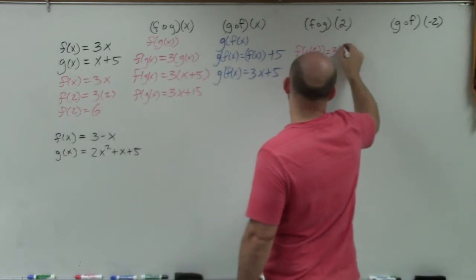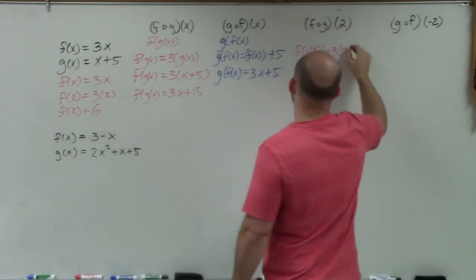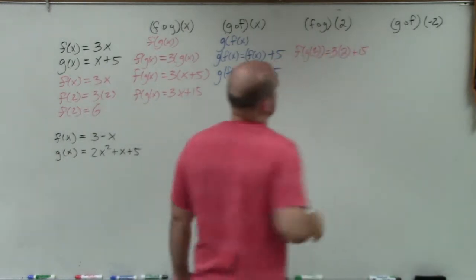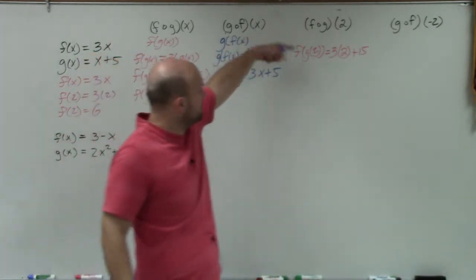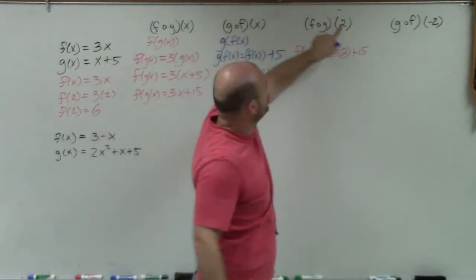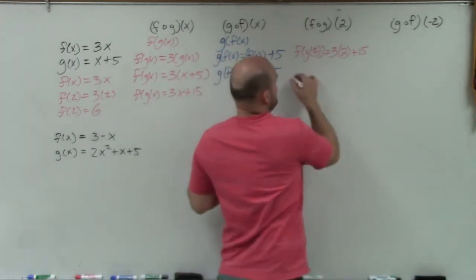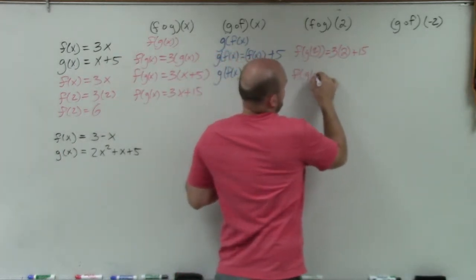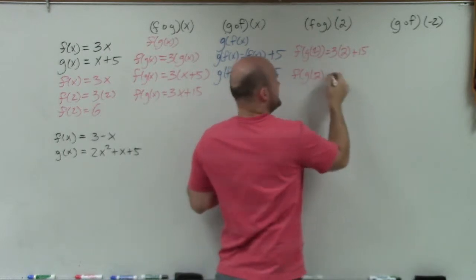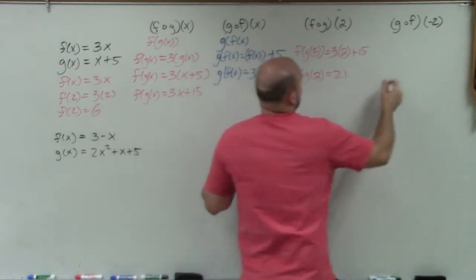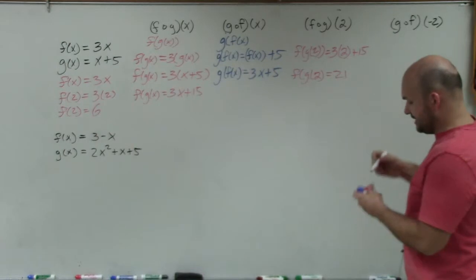We have 3 times 2 plus 15. So instead of using x, we're evaluating with 2. Well, 3 times 2 is 6, plus 15 is going to be 21.